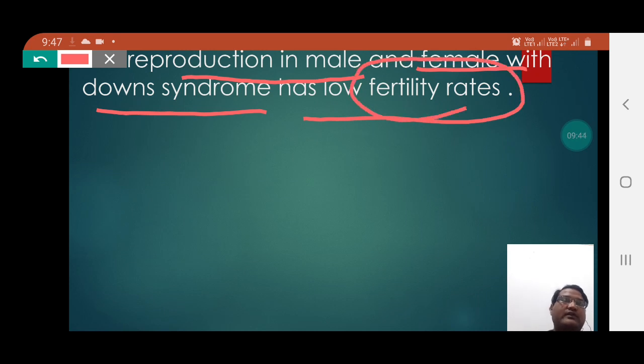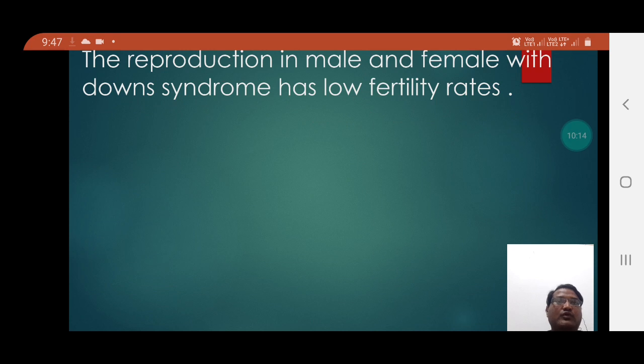So students, here the low fertility rates denote that the person who is suffering from Down syndrome has lower chances of becoming father and mother. Students, although here we can say that there are more chances of the female conceiving and becoming a mother in comparison to the males who are generally sterile and have very low fertility rates.